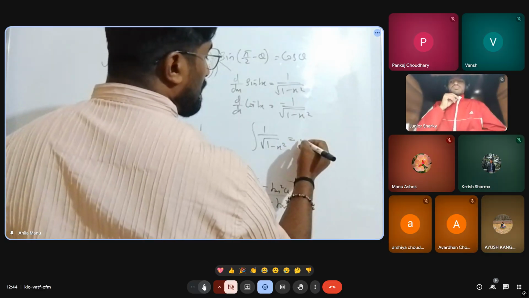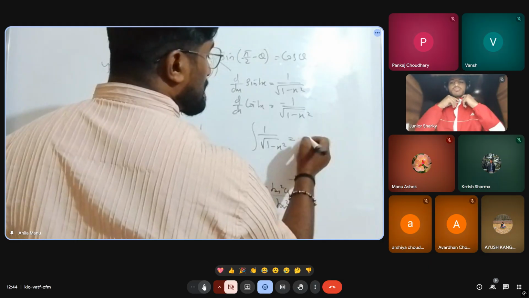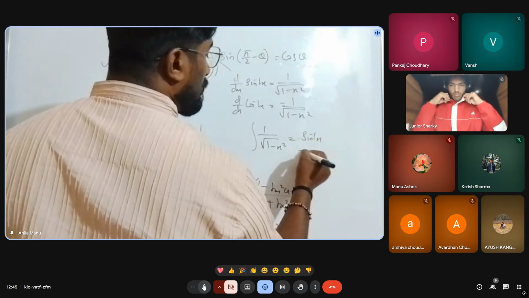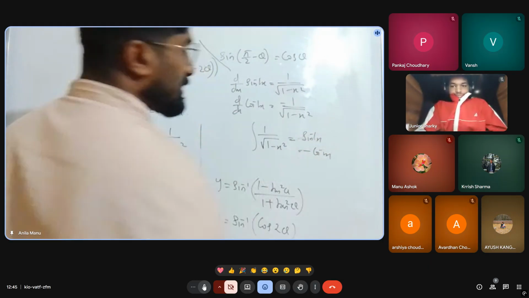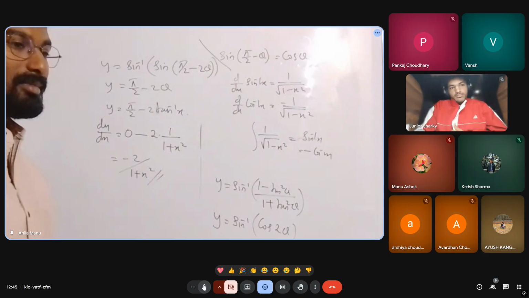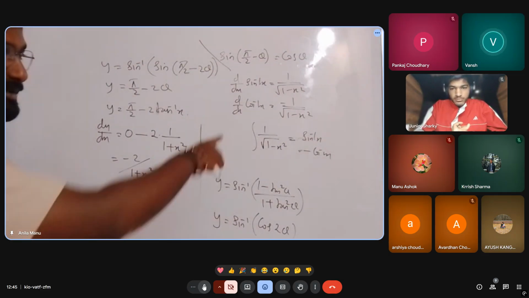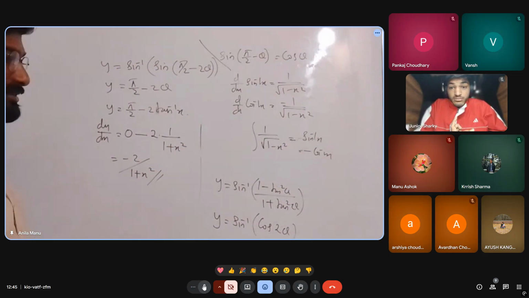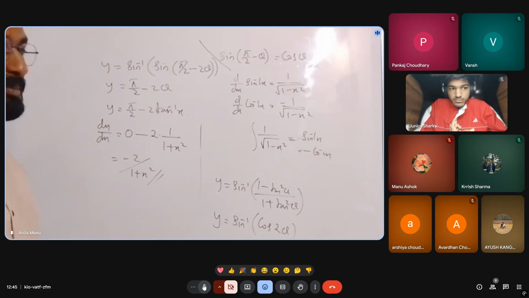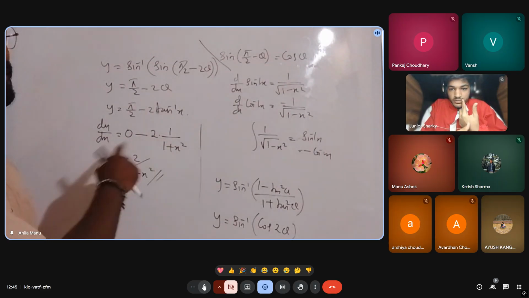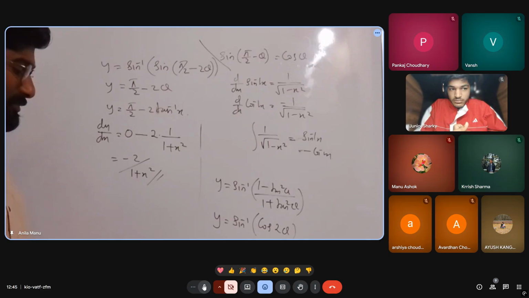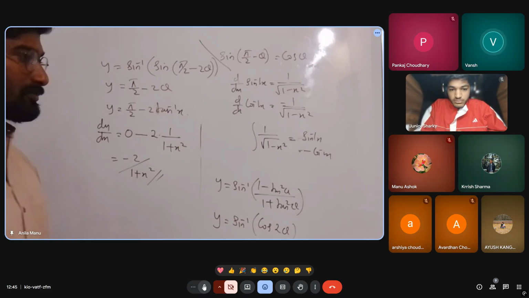Either sine inverse of x or minus cos inverse of x. Co-function, right? So depending upon the function, negative or positive it will get. Clear, understood?